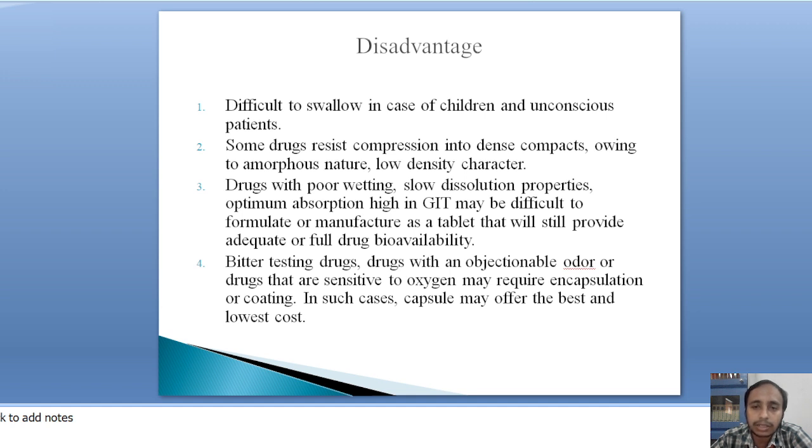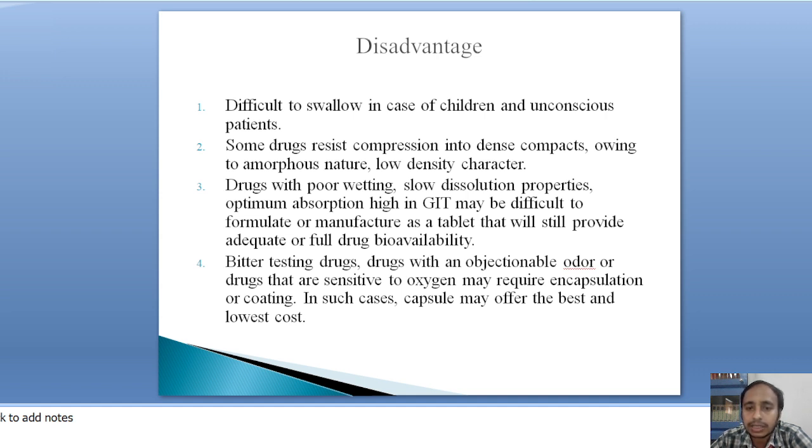That is called the dissolution process, meaning solubility. But in the case of APIs with slow dissolution, their solubility is less, and this is also called poor wetting. That material we cannot use, because in our GIT we have gastric fluids, and our tablets should dissolve in gastric fluid. When APIs have less dissolution property, we cannot use them for tablets.